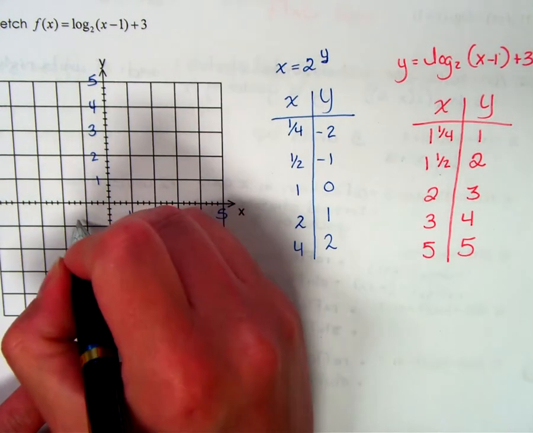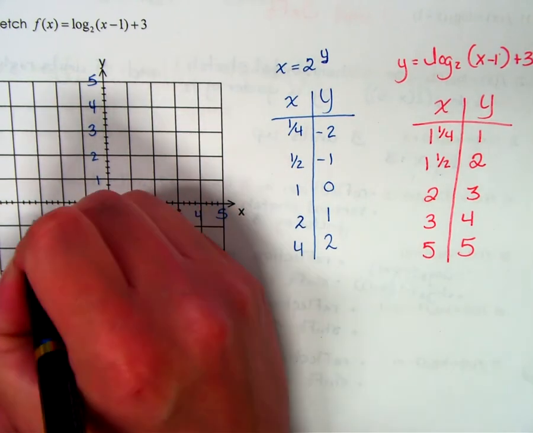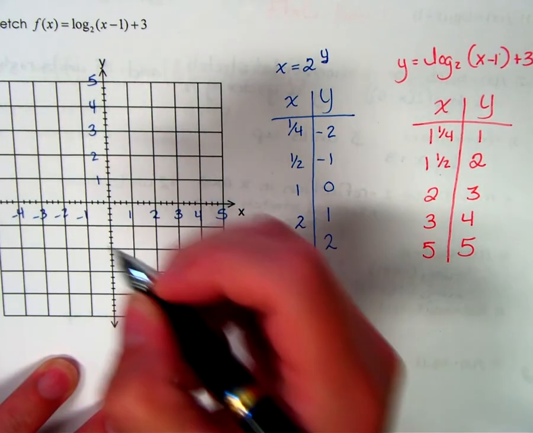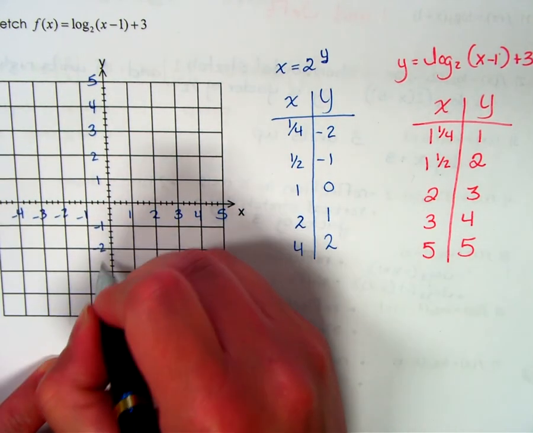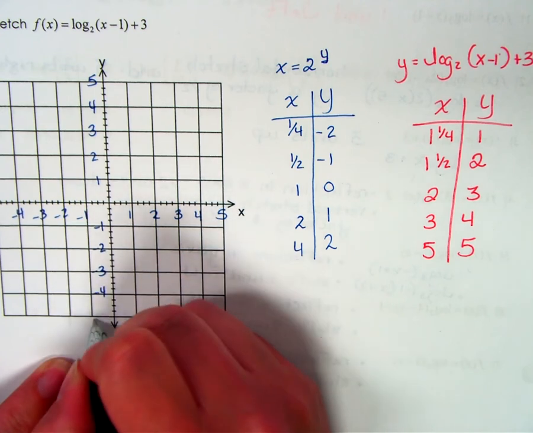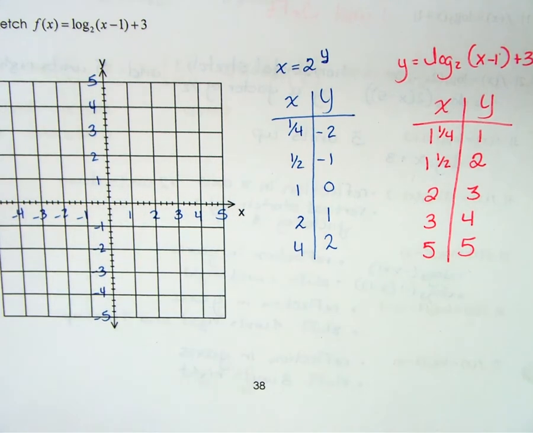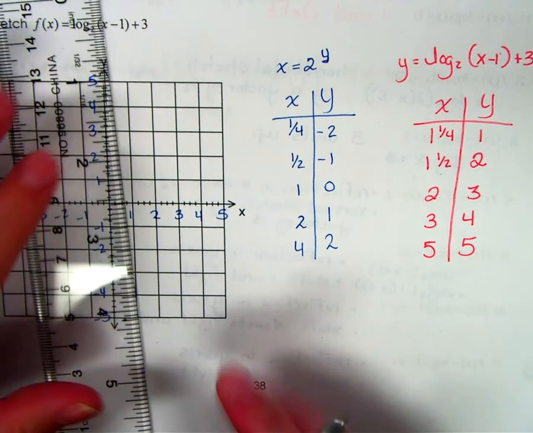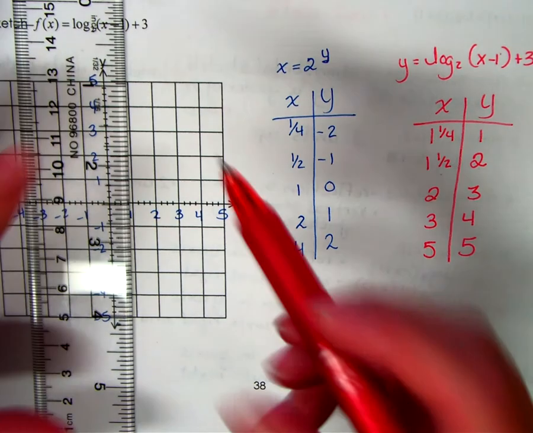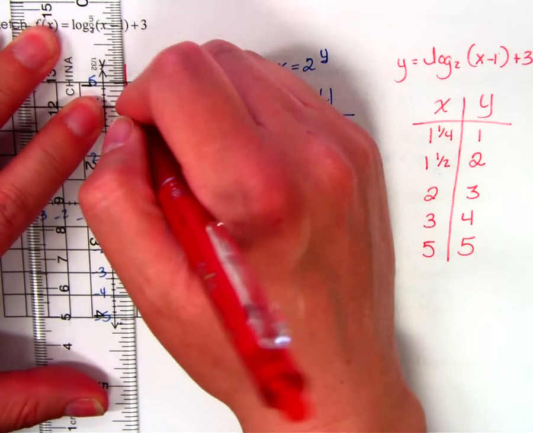I think you guys are supposed to do this one on your own, but I just took over. First thing I'm going to do is put on that asymptote just so I have that nice boundary line so I know I'm not supposed to cross it.